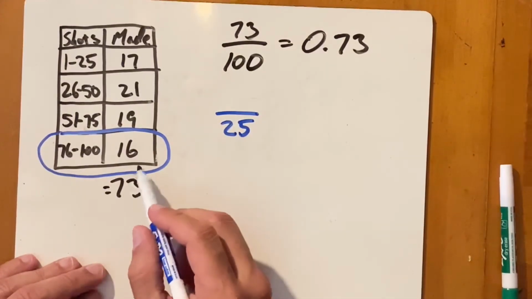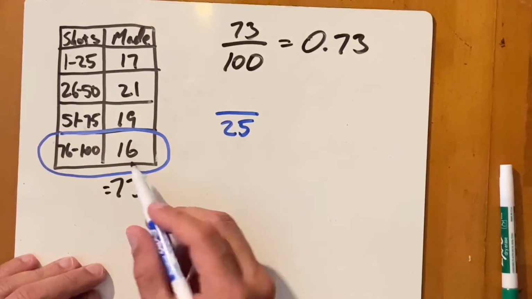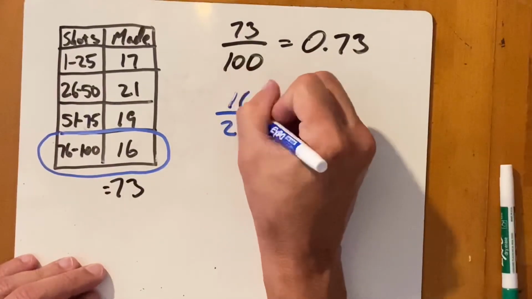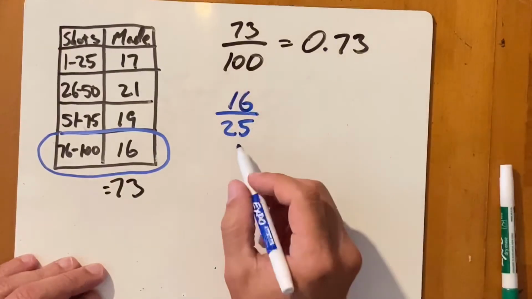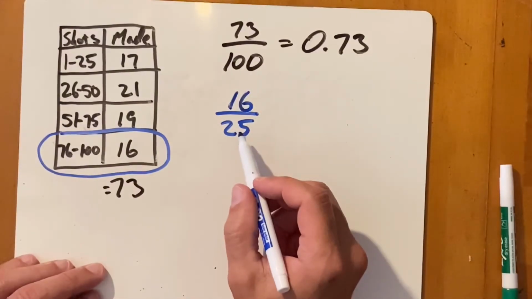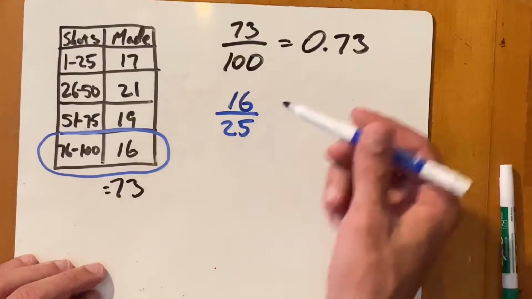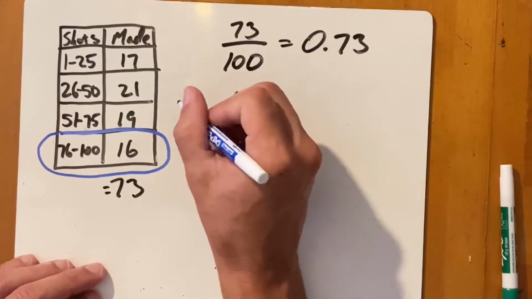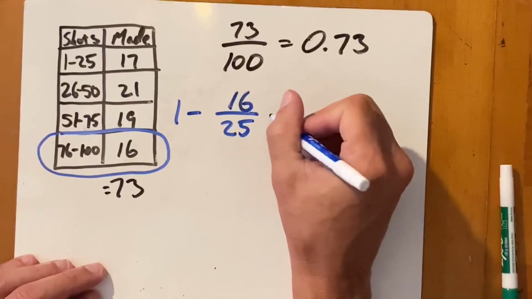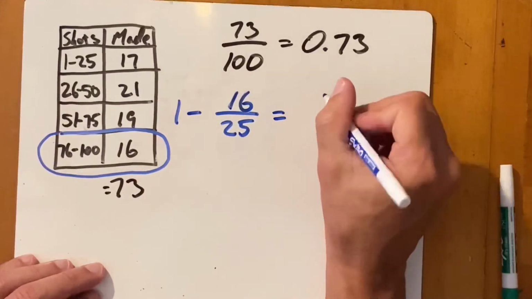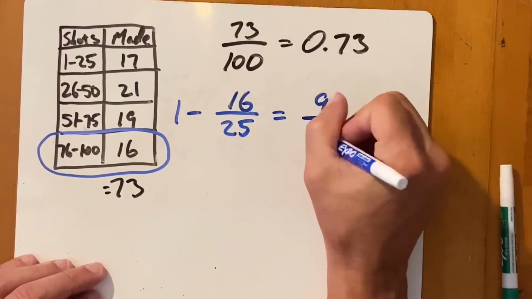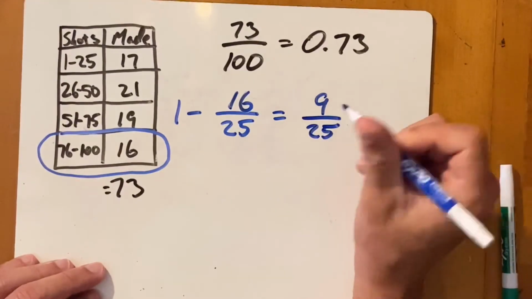Out of those trials, how many did they make? Well, they made 16. Now, how many did they miss? If I subtract that from the total, that'll tell me how many they missed. In this case, they missed 9 out of 25.